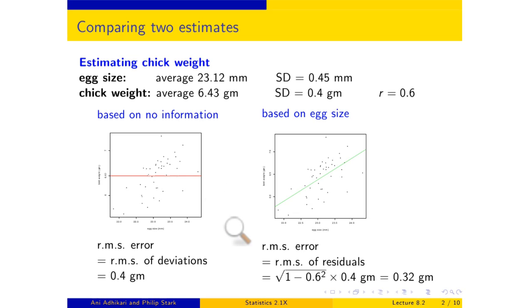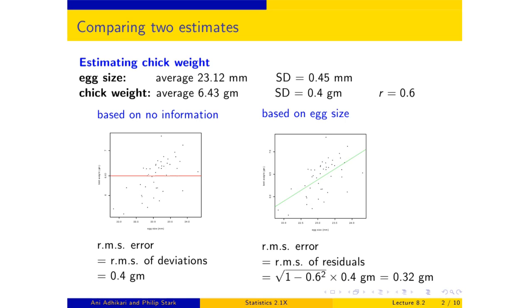And that is exactly as you would want it to be, because there's a natural visual sense in which the green line is closer to the scatter diagram than the red line. Well, if it's a better estimate, and indeed we've said it's the best of all possible estimates among straight lines, then its error better be smaller. And the calculation shows that it is.